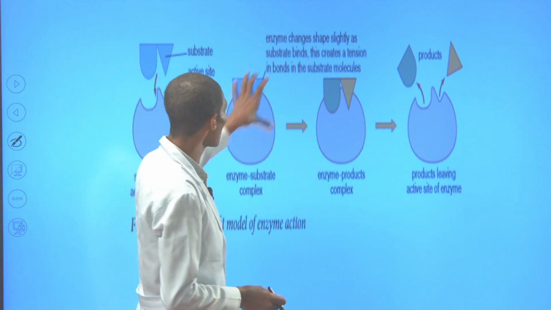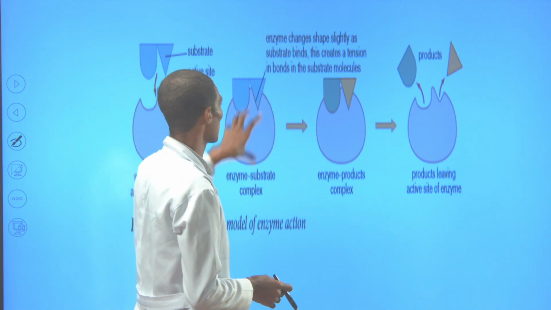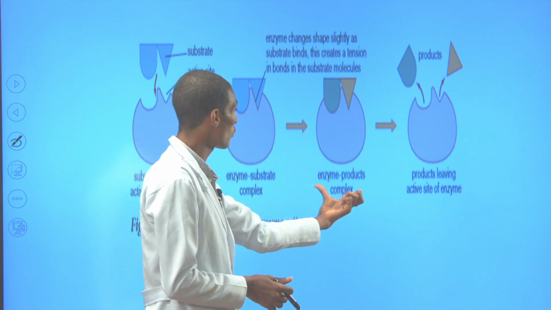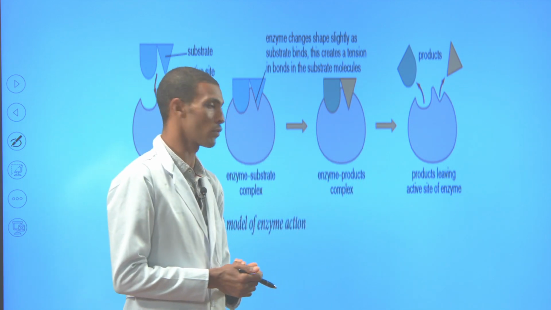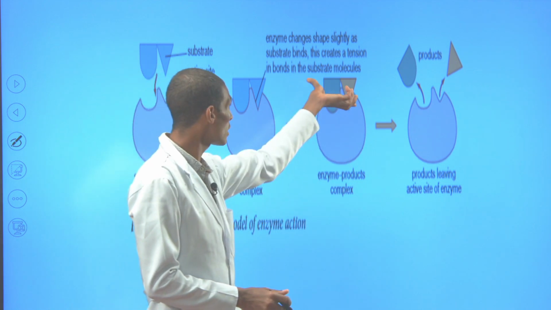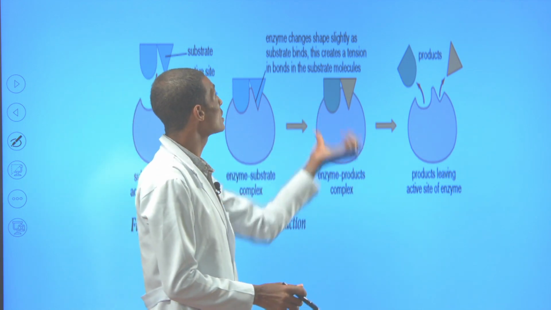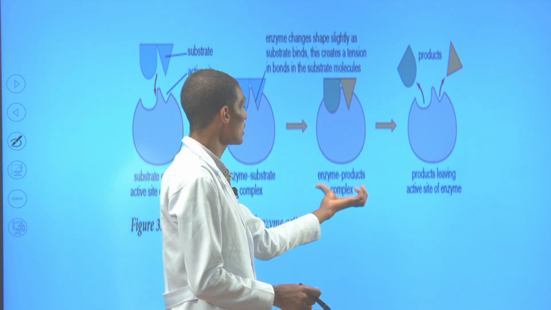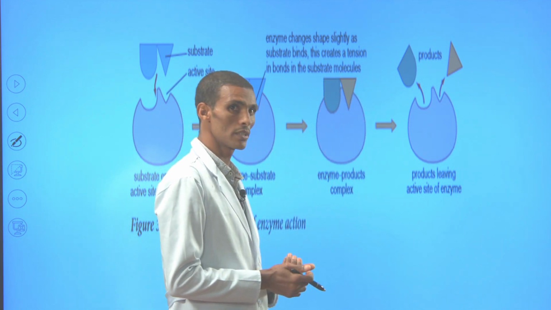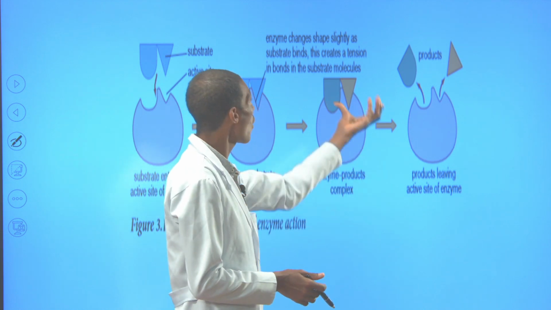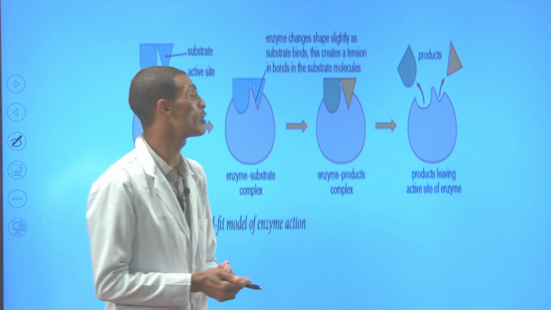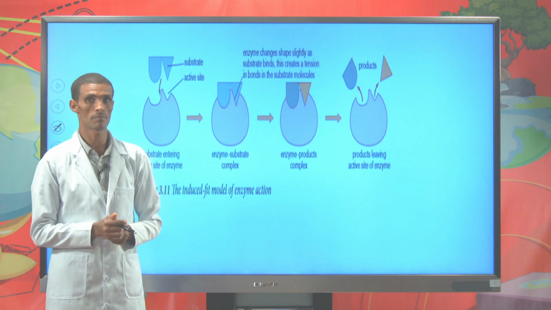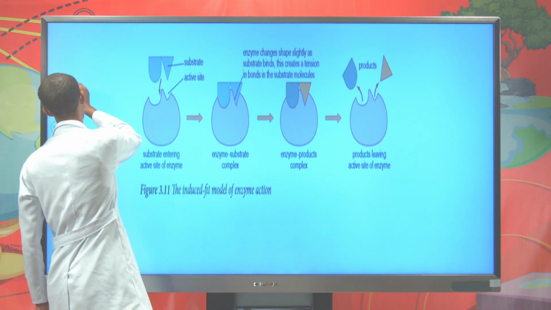That brings a change in the shape of the active site, which puts the substrate under tension, which is the reason for enzyme substrate complex formation, which enters a new pathway. With this tension, with the substrate under tension, they can lower activation energy. So they overcome the limitation of the lock and key model, and the induced fit model is very preferable. Well done.